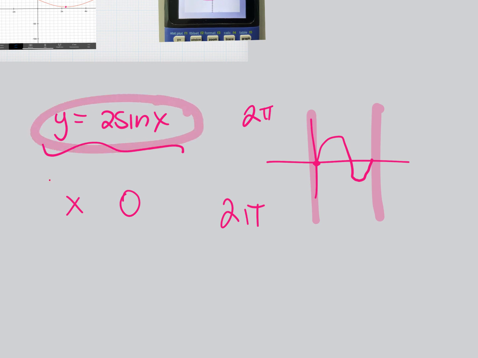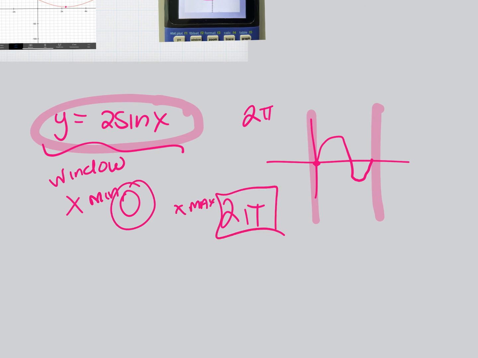And then you go to window, and the x min is 0, and the x max is 2 pi. And then it will give you your window of just that frame instead of the repeat, repeat, repeat. The y doesn't matter because it's not going to go up or down. It's still the same vertical shift, right? Only if it's a huge vertical shift would you have to change your window for y, like the example with the word problem.